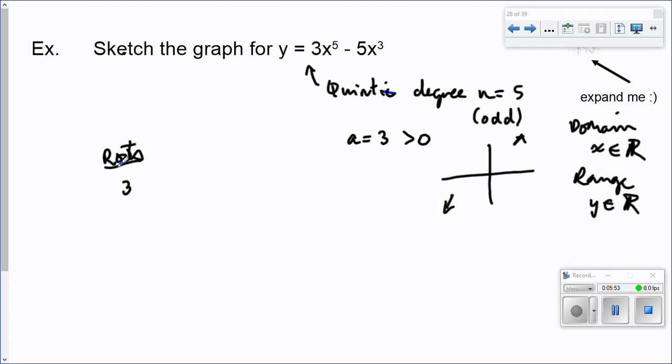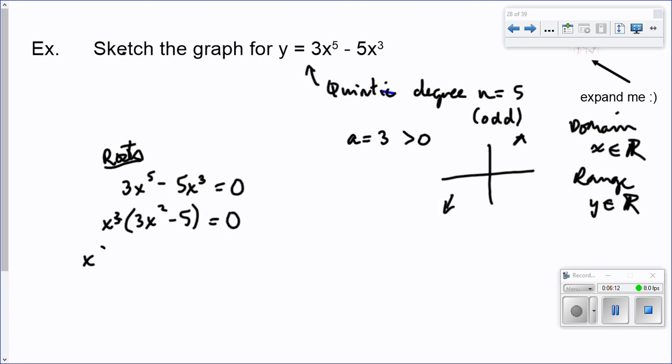Our roots are found by taking our original function and setting it equal to 0. Well, this original function can factor. I can factor out x to the power 3, and I have 3x squared minus 5.